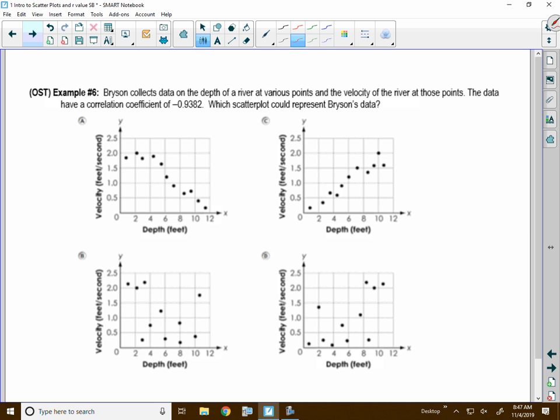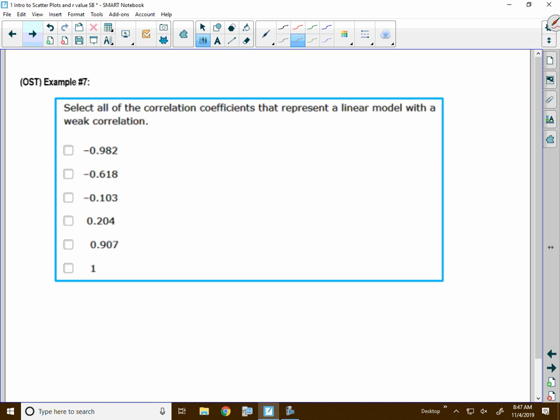Which one would you choose? Hey, negative 0.9 is a very strong negative. Okay, last one. The weakest correlation would be anything close to 0, which is these two right here. Those are the two that are closest to 0.